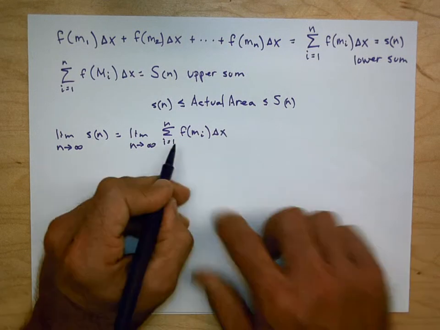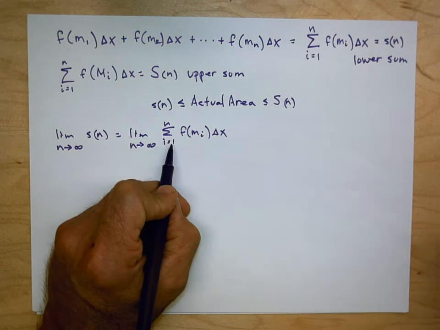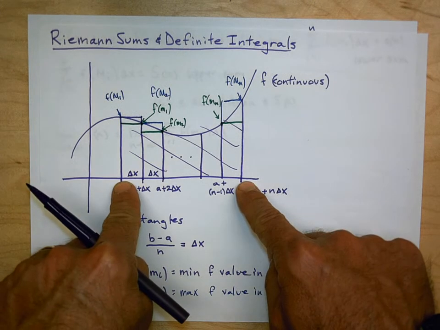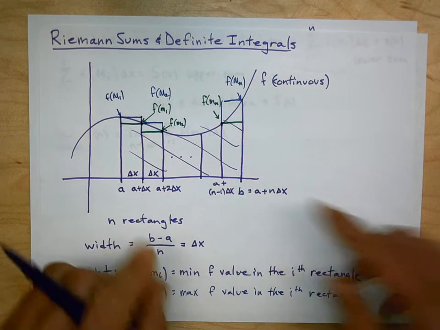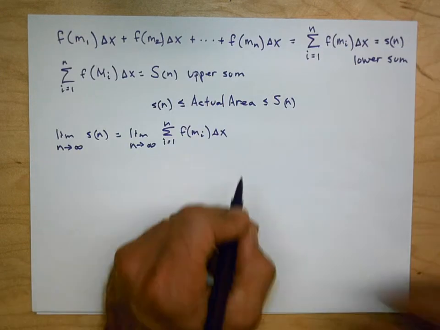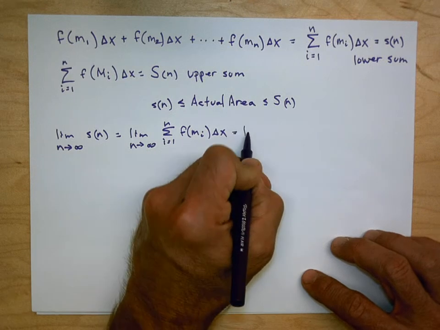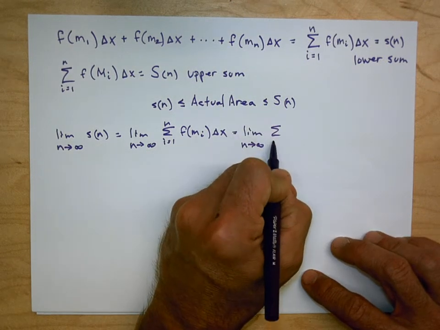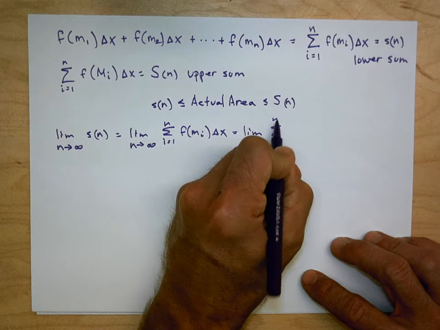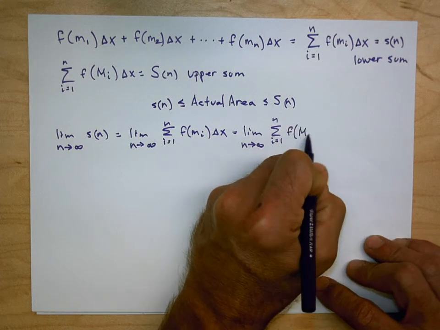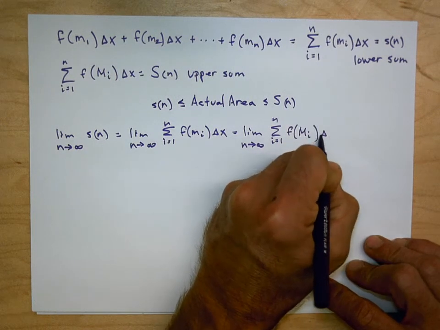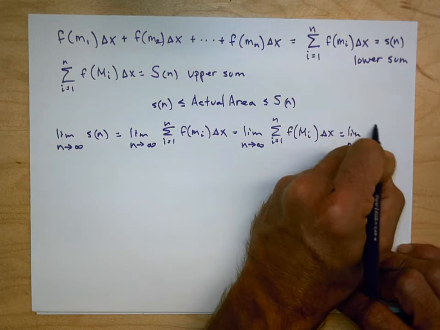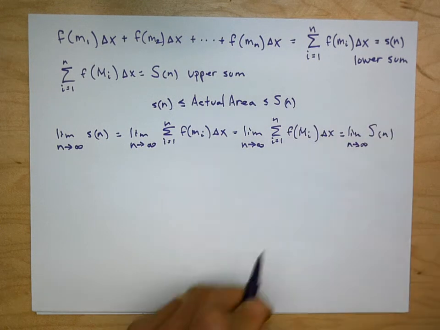So what we're saying is the number of rectangles that we're going to fit underneath this curve goes to infinity. We're going to take that limit. Turns out that that is the same as the limit as n goes to infinity of the sum from i equals 1 to n of f of big M sub i delta x, which is the limit as n goes to infinity of big S of n.